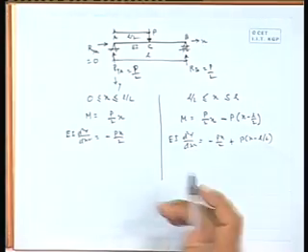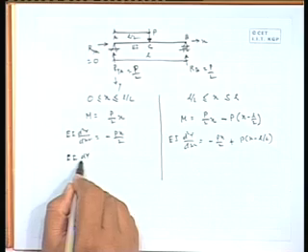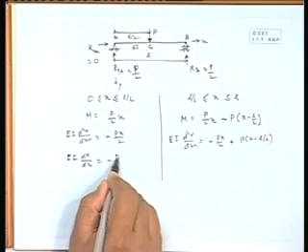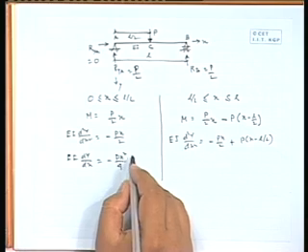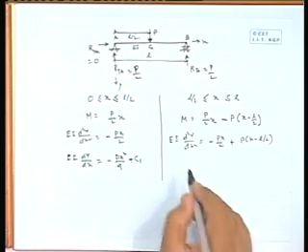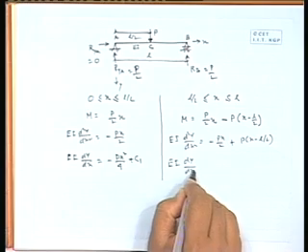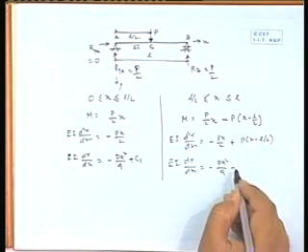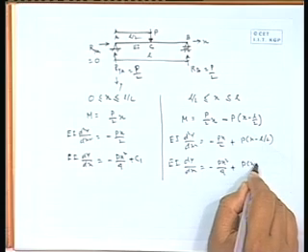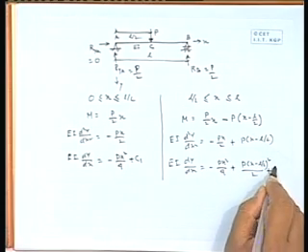Now, if we integrate, it will be E I dy by dx equal to minus P x square by 4 plus C1, and this side will be E I dy by dx equal to minus P x square by 4 plus P into x minus L by 2 whole square divided by 2 plus say D1.